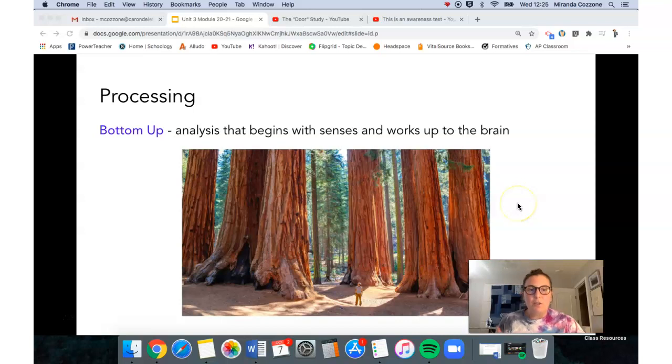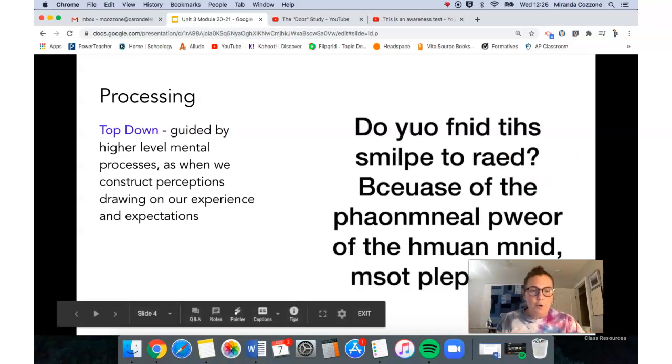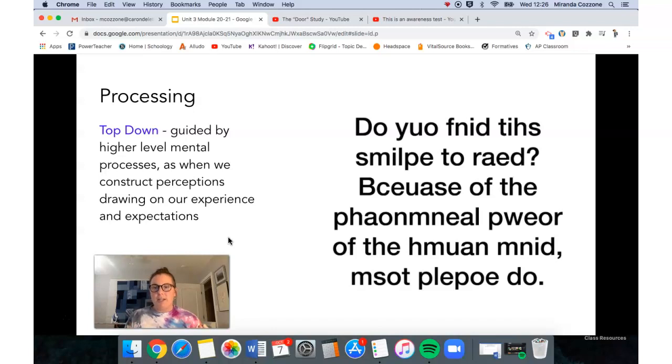Most of us use top-down processing because we've lived in the world for quite a while, and we have our own expectations and understanding of the world. Top-down processing is guided by higher level mental processes, where we construct perceptions drawing on our experience and expectations. Take a look at that sentence over there. Just looking at it quickly, do you find this simple to read?